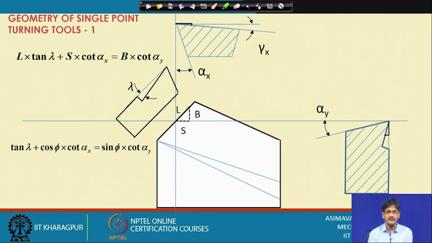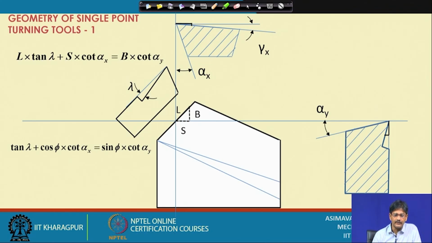Now we will be establishing relationships between clearance angles, and since the inclination angle is shared between the rake surface and the principal flank, we can have a relation existing between the inclination angle and the two principal clearance angles in the American system, for the principal flank.